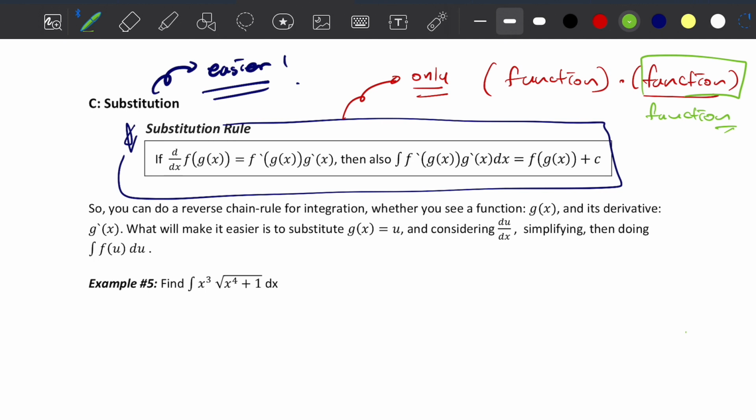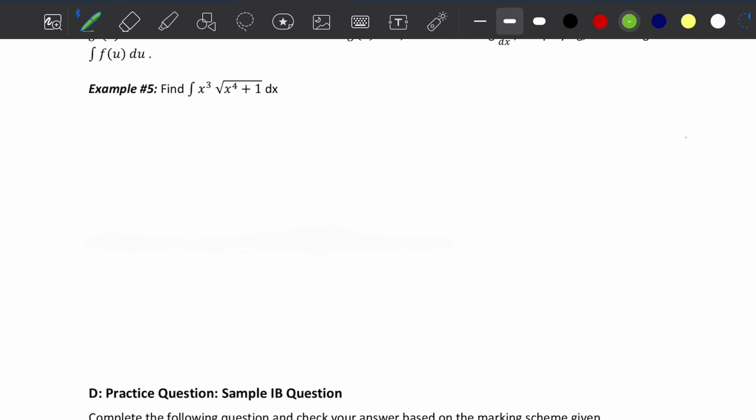When you look at example number 5, you see a function multiplied with another function, and that other function has a function inside it, right? Then we can use the substitution rule in this case. As I told you before, if you see radicals or fractions with derivatives or integration, you need to make it into non-fraction and non-radical format to make the process much easier.